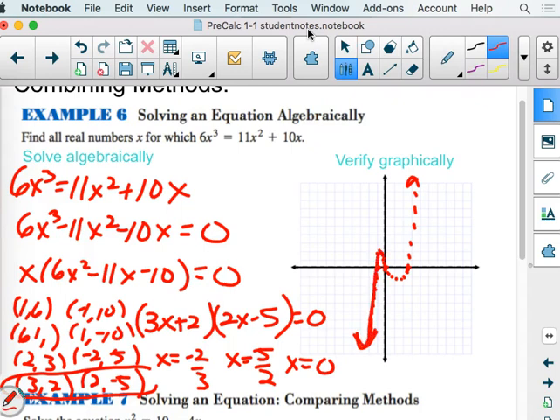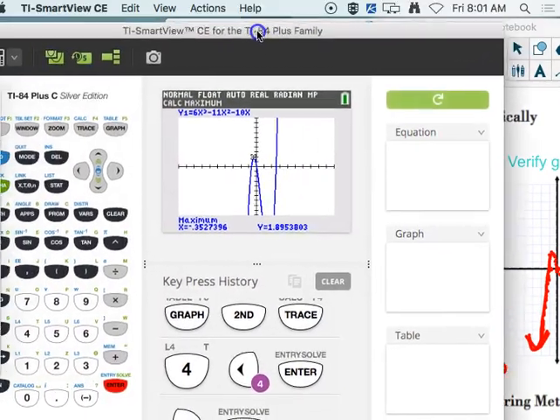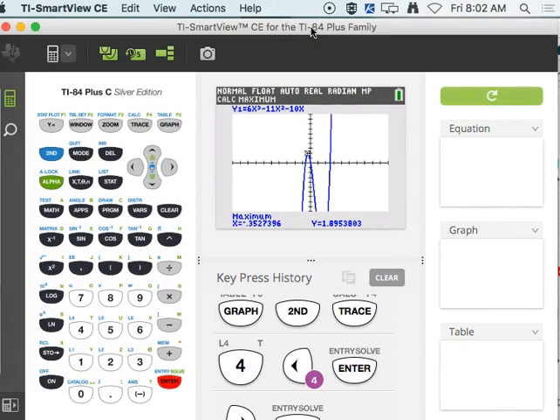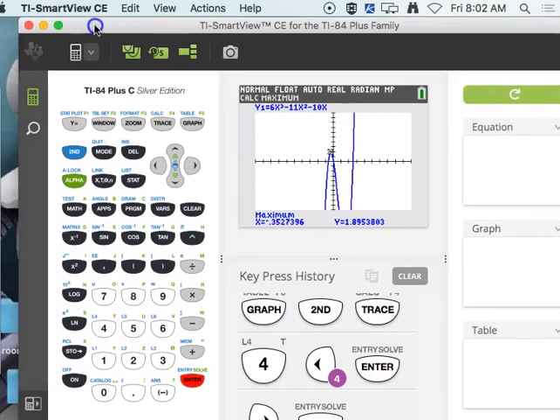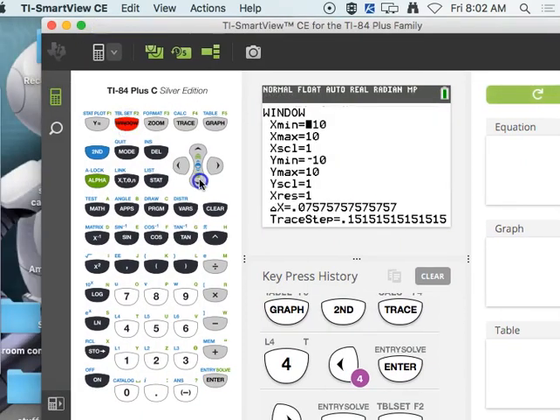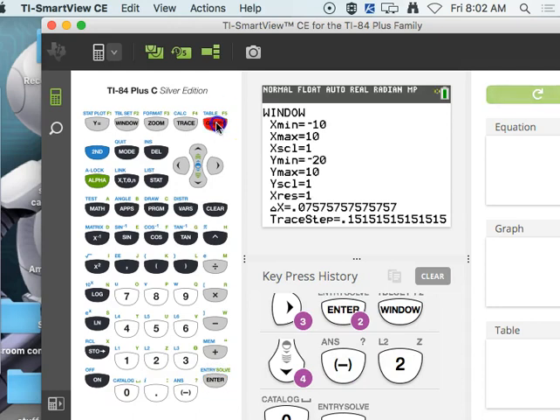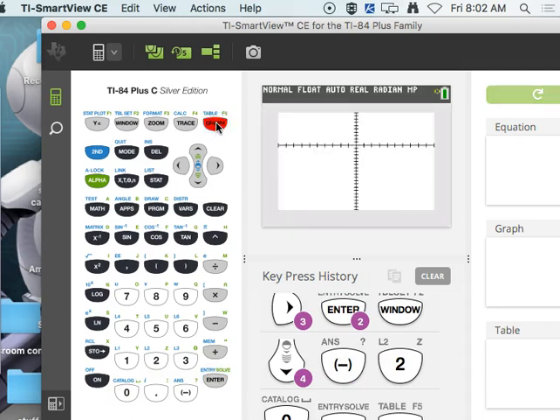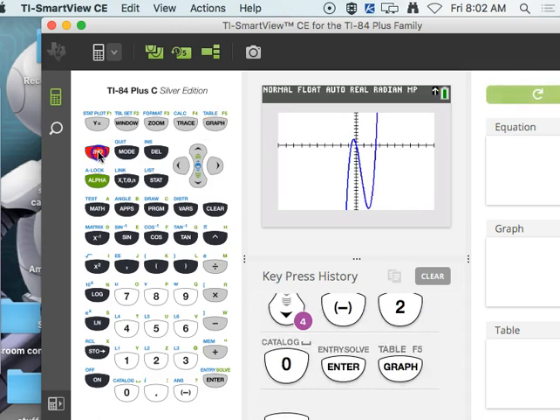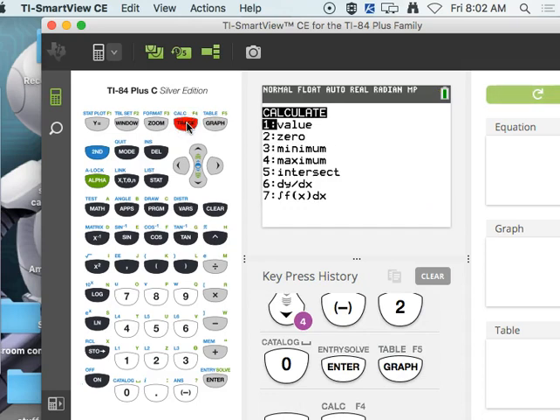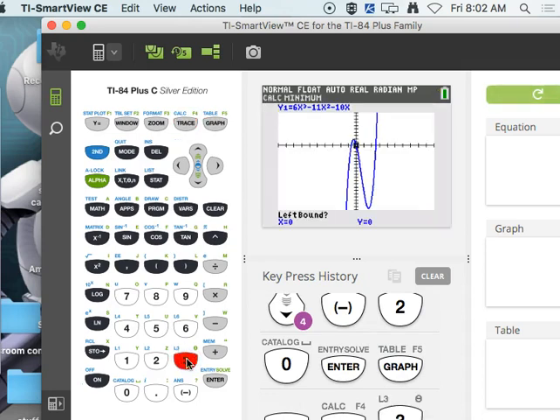That's not too bad. But the problem is we can't see that minimum, so we're going to have to change our y's and get a little bit lower. And I'll try negative 20. Just right down there at the bottom. Trace, we're looking for a min.